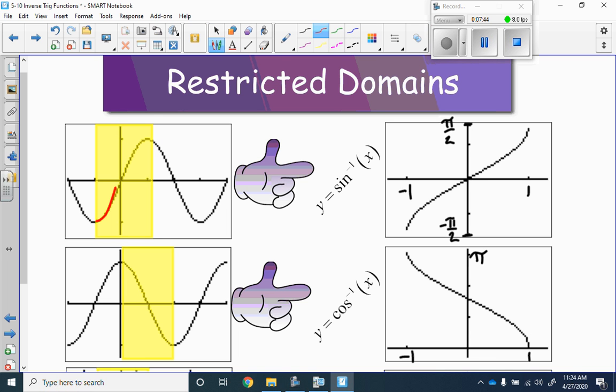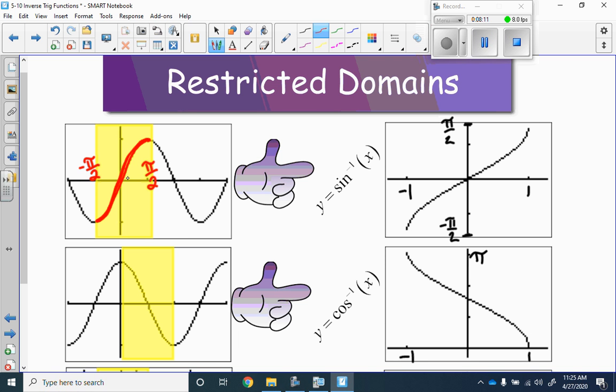Because this interval, first of all, extends the entire range of our parent function. So the entire range is within that specific domain. So we're going to use the domain of negative pi over 2 to positive pi over 2.